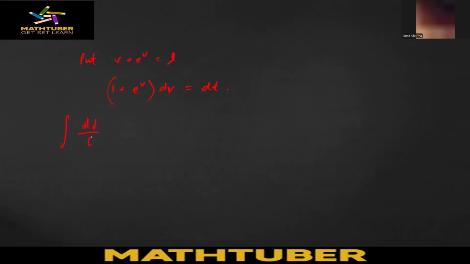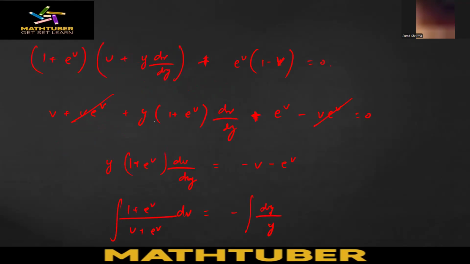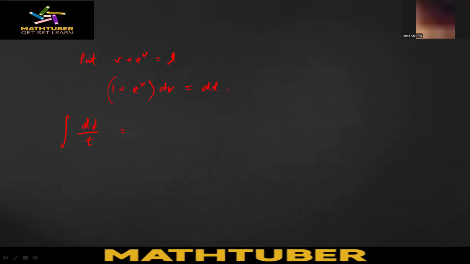So here you will get dt upon t is equal to minus of dy upon y. So log of mod t is equal to minus log of y plus c. And you can write it as log c also.